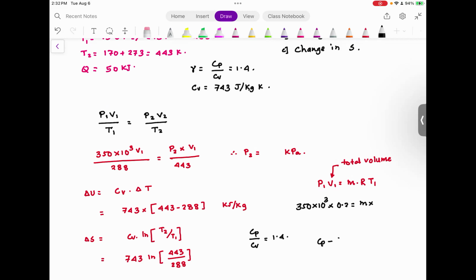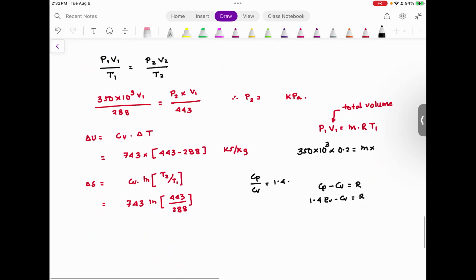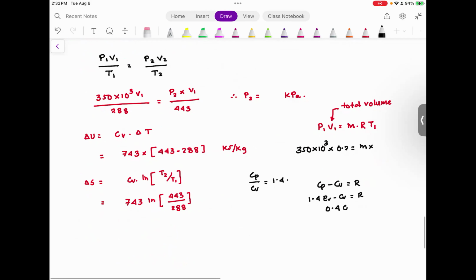Cp minus Cv is equal to R. Cp is 1.4 Cv, minus Cv is equal to R. So R is equal to 0.4 Cv. So Cv is 0.4 times 743, times the temperature 288.